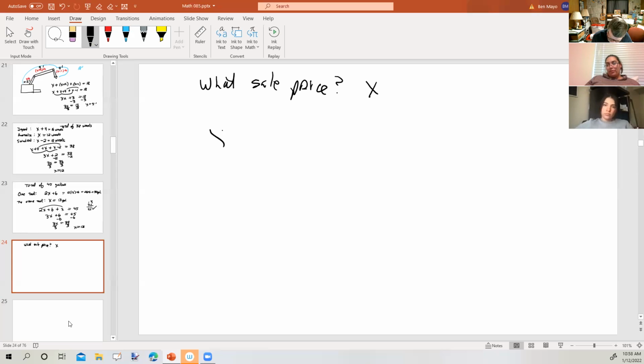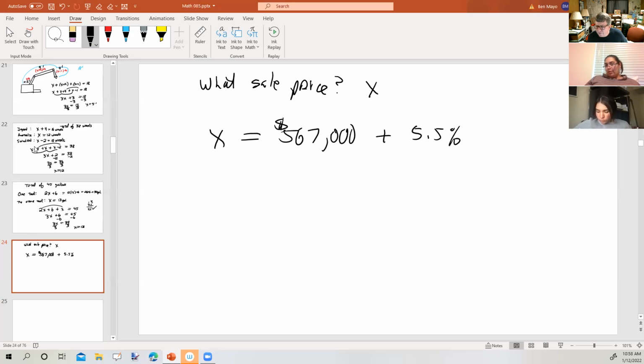So the sale price has to equal $567,000 plus 5.5% commission. Commission would be on the selling price, right? So this would be 5.5% of the selling price.